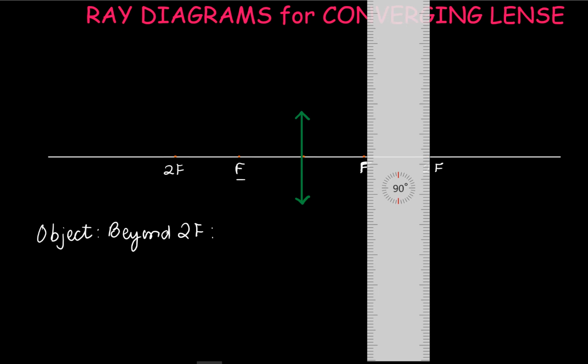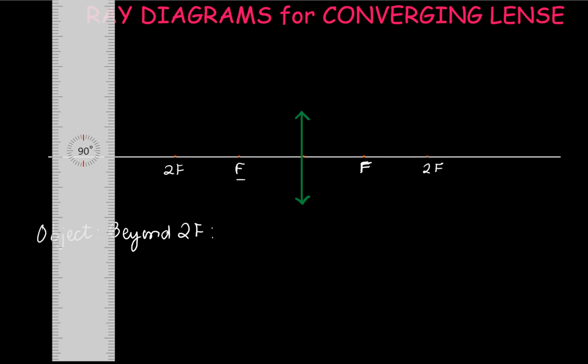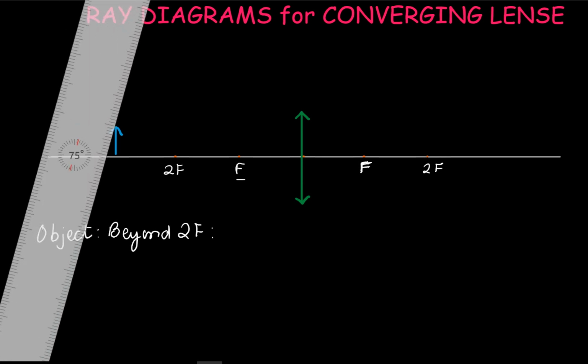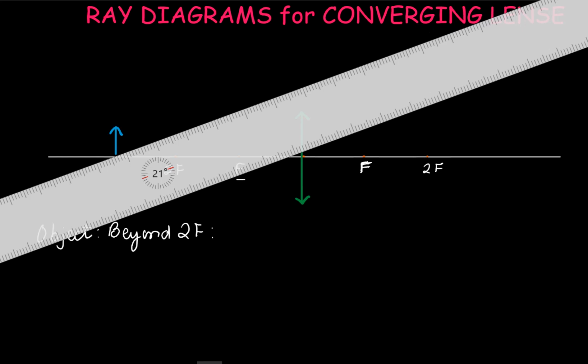For example, if I decide that this is the position of my object, maybe I can make my object a bit shorter. Then, to show my object is upright, I'm going to put an arrow. Now my job is to start drawing the lines that will lead me to my image.